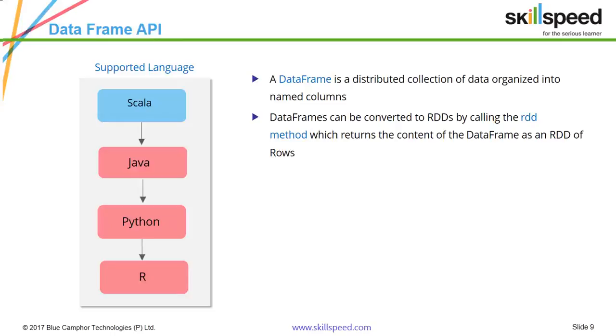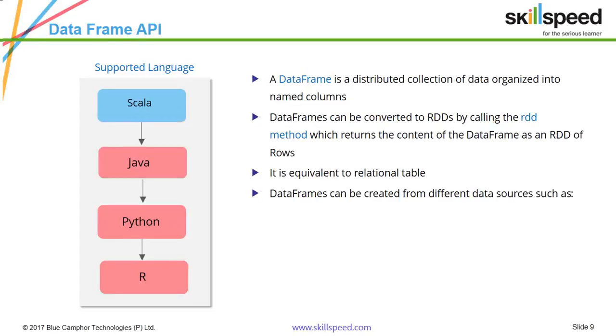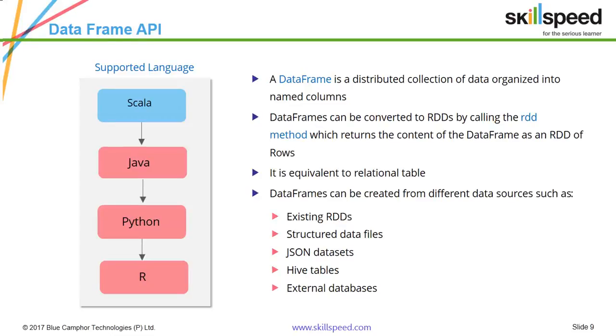And you can even convert a data frame into RDDs. And you can think about a data frame very similar to a table. And you can create a data frame from either an existing RDD or structured data files or semi-structured data files such as JSON and XML, from Hive tables, or even from external databases.